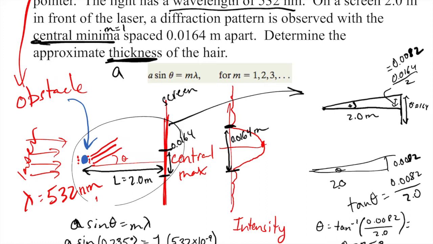And I got 0.00013 meters, which equals what? 130 microns, right? 130 microns, which is actually around what you'd expect for a hair. Hair is around 100 microns, 50 microns, 250 microns or so, around there.